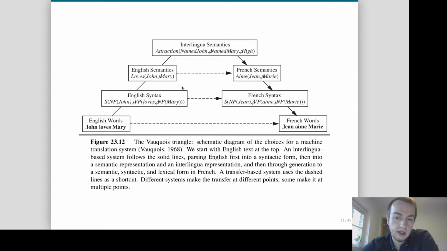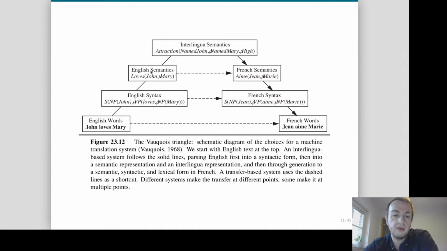And then from this representation, maybe you could produce the corresponding French syntactic representation of that same sentence, and then from this syntactic representation, decode it back into the lexical representation in a proper French sentence, right?